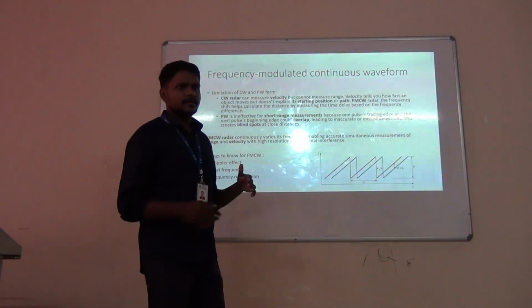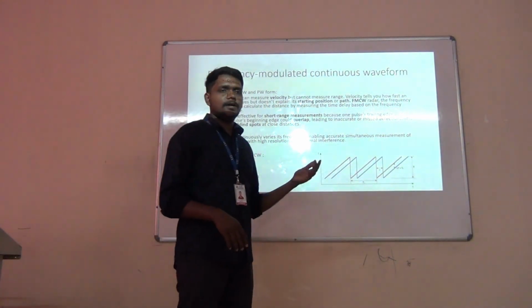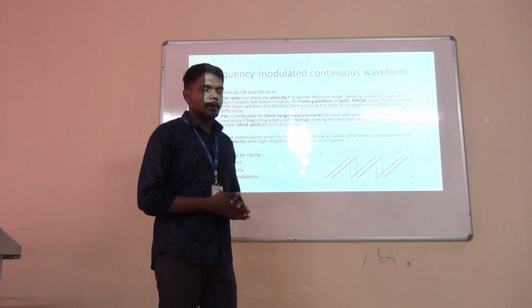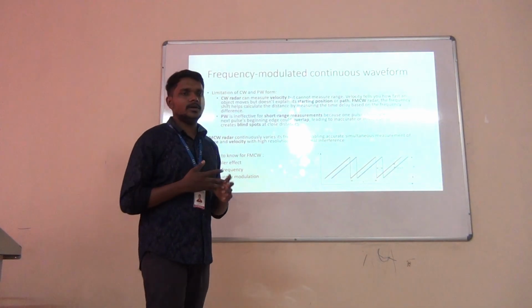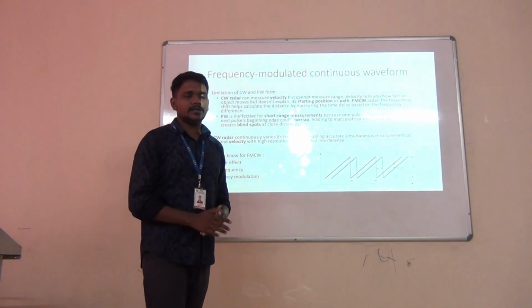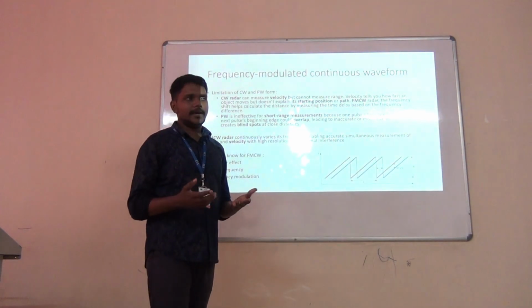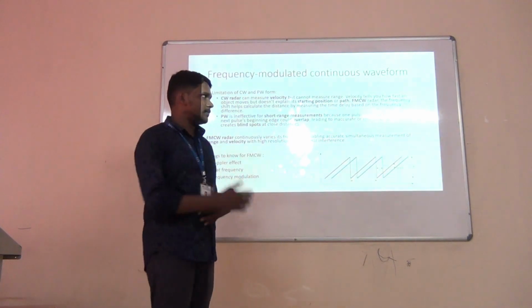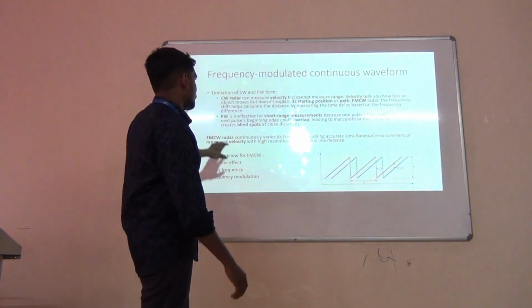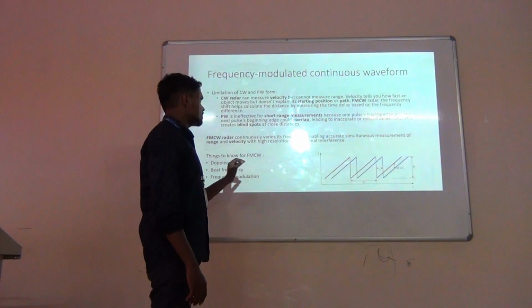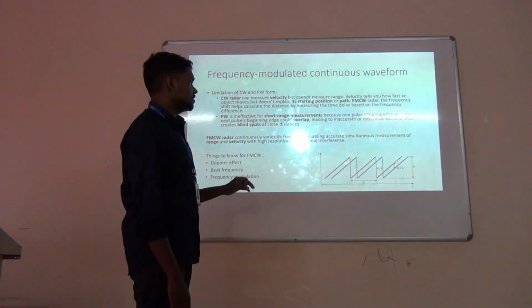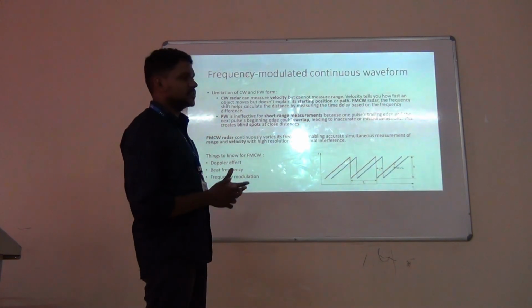So we have seen the pulsed wave and continuous wave, but these waveforms cannot be directly implemented in our radar system. We will see why these systems cannot be directly implemented and how it can be implemented. In the continuous waveform, radar can measure the velocity but not the range.